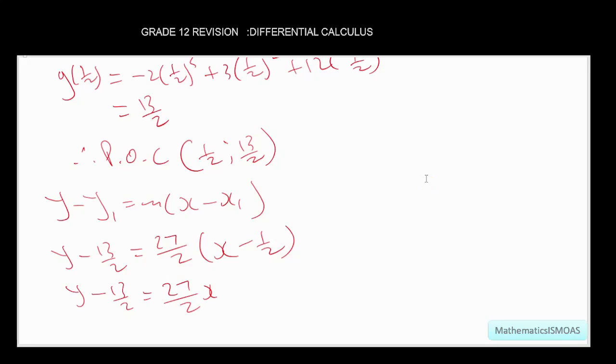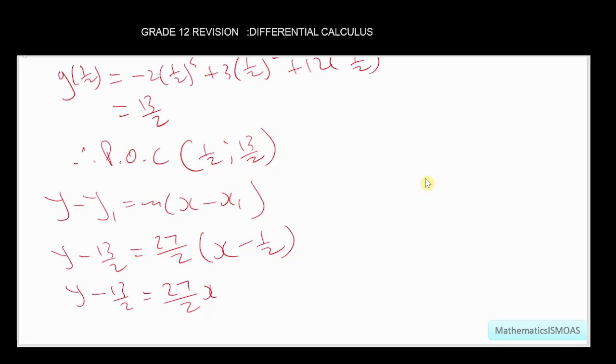Then we get y minus 13 over 2 equals 27 over 2 x, not 27 over 2 x, but rather 27 over 2 x multiplied by minus 1 over 2.